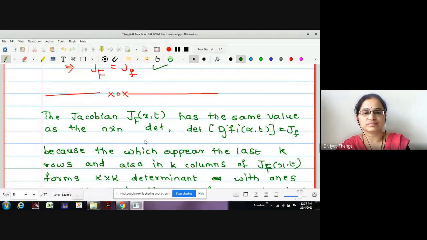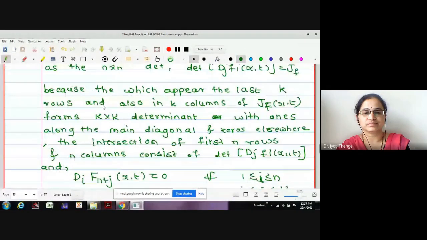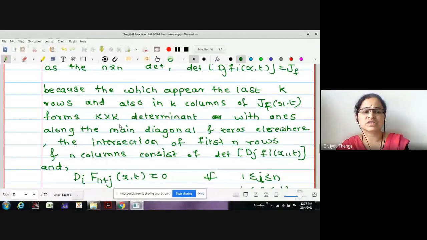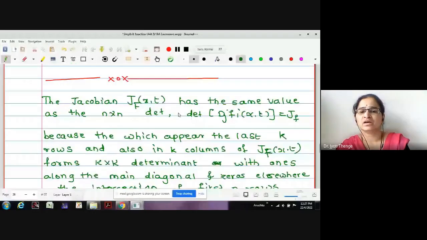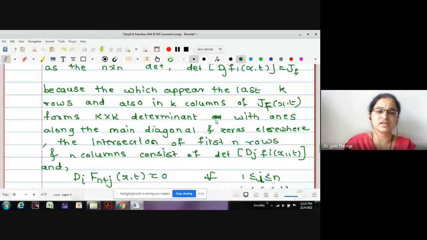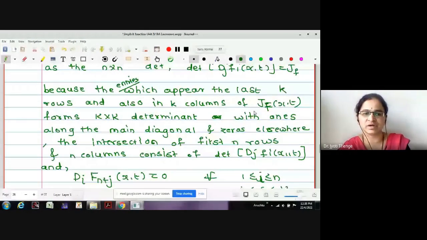Therefore, here we have written the explanation that the last k rows and k columns of J_F(x, t), which is what we have written here initially, form a determinant, because the entries which appear in the last k rows and last k columns of J_F(x, t) form a k by k determinant.